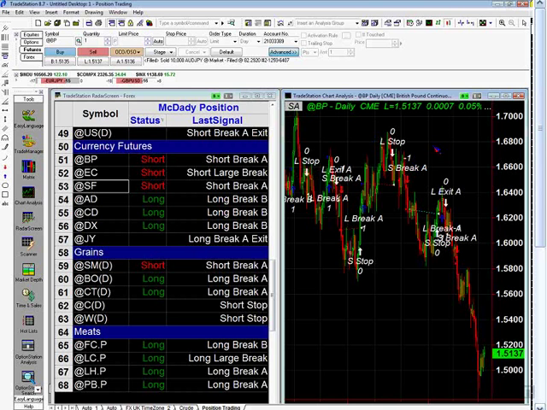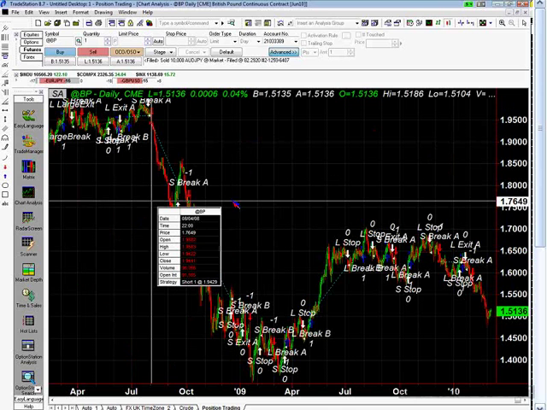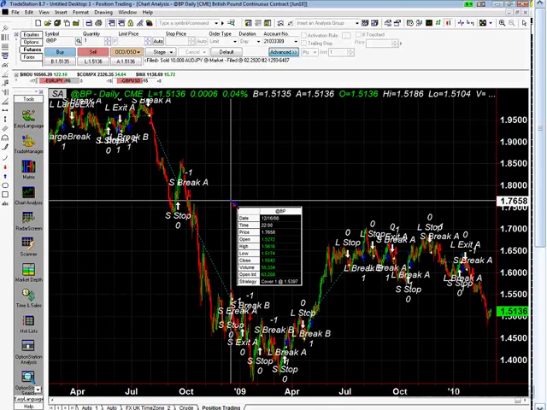So, for example, this is the index for the pound. And if I turn the strategy on, without any formatting, there is your trade in the pound. Every blue line that you see here is a winning trade. It started last year shorting the pound at 194.29, and it covered the trade at 153.